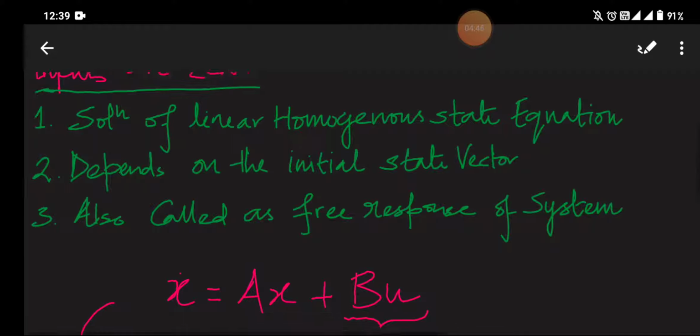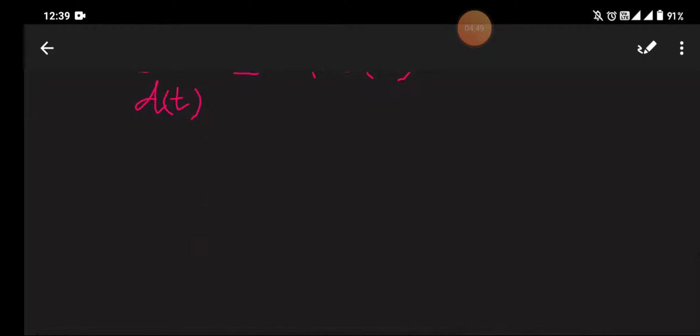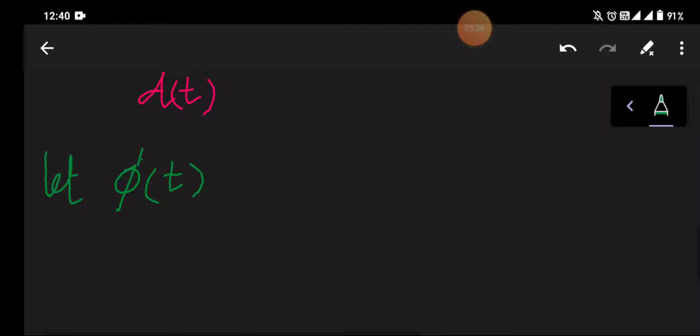So let us assume a matrix phi t. Phi t is our state transition matrix, which will be an n cross n matrix.